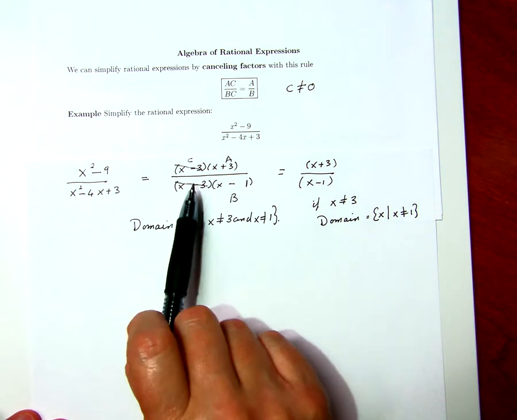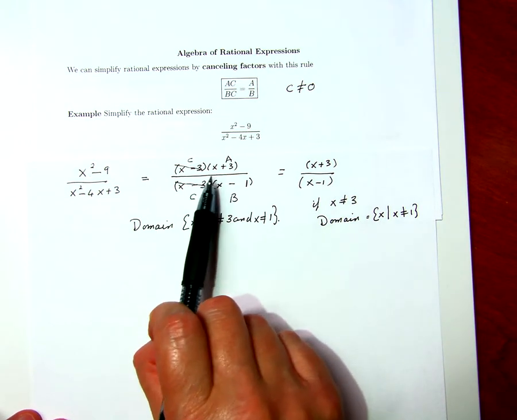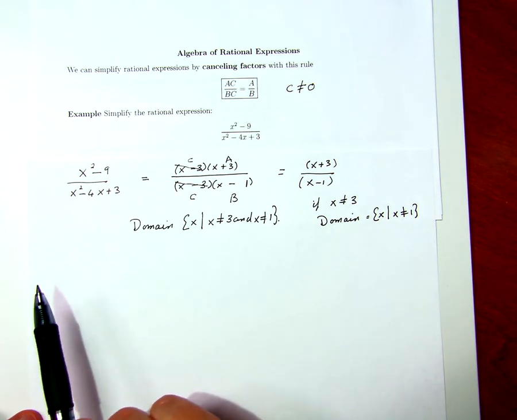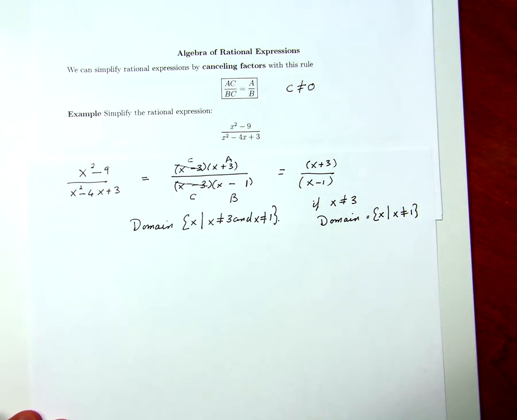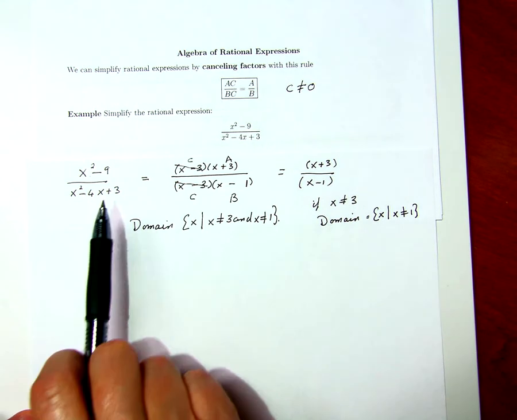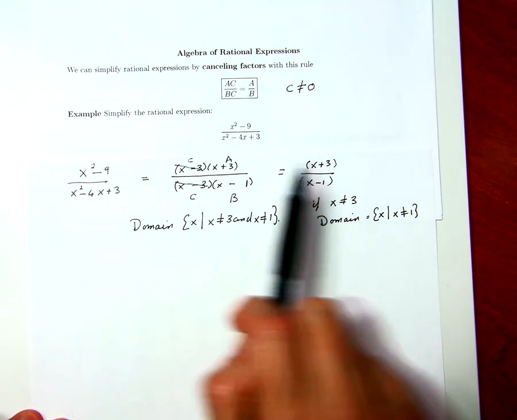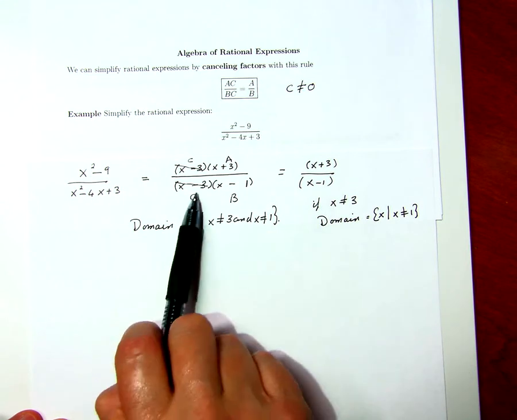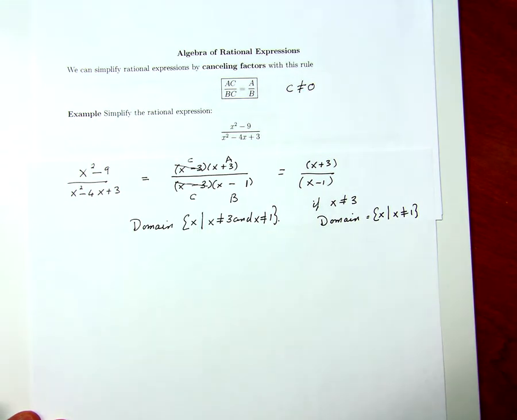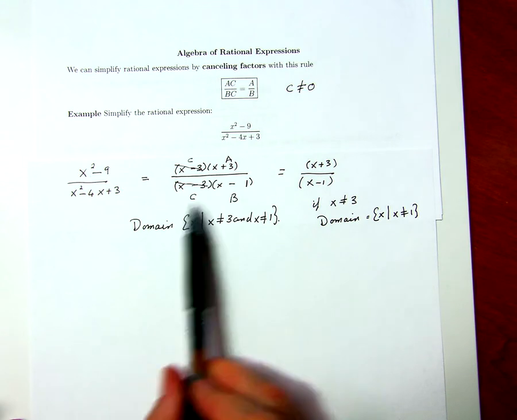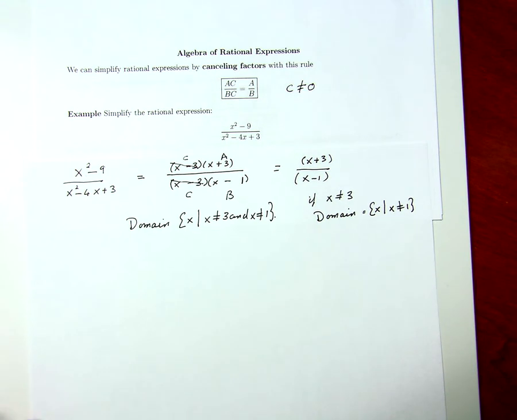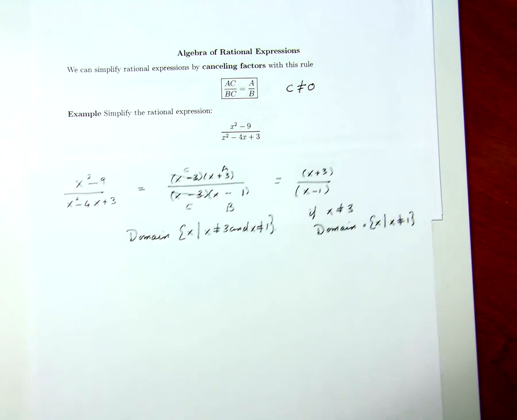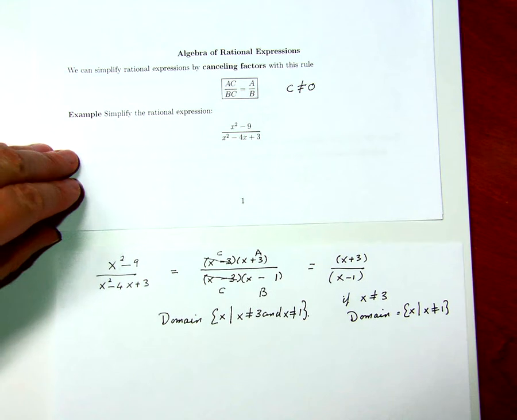Because if x equals 3 here, we have 0 over 0, which is an indeterminate quantity. It's not defined, doesn't make sense. So this expression on the left equals this expression on the right everywhere except when x equals 3. And that observation will be very important for us when we're calculating limits in the first few lectures of Calculus 1.